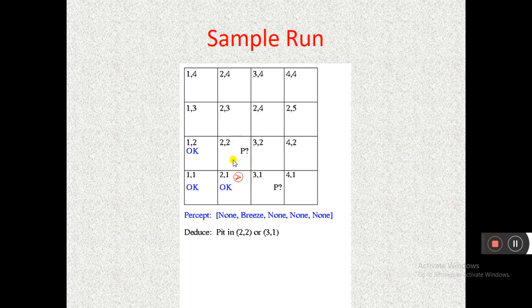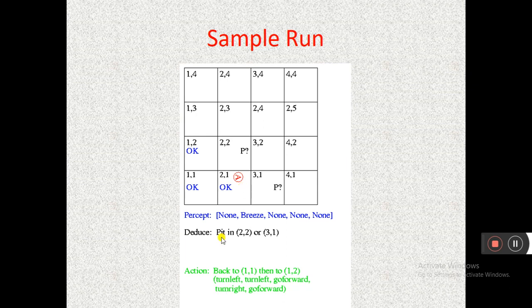Breeze means there is some problem in a nearby box. So deduce pit in 2 2, here is a pit, we cannot move there. Or in 3 1. There is a perception that in the next box there could be a pit. So this is not a safe place to sit.